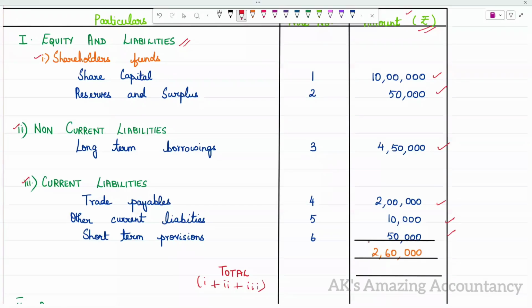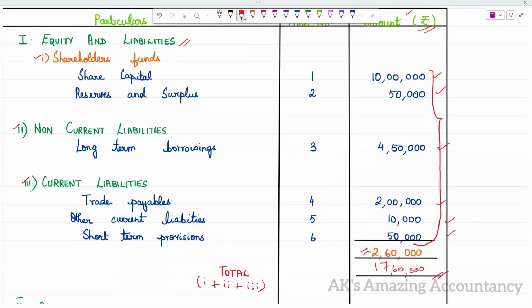So you add all these amounts together and find out what is the total. So when you add and find out, the total will be 17 lakhs and 60,000. So 17 lakhs and 60,000 is the total of all these amounts put together.